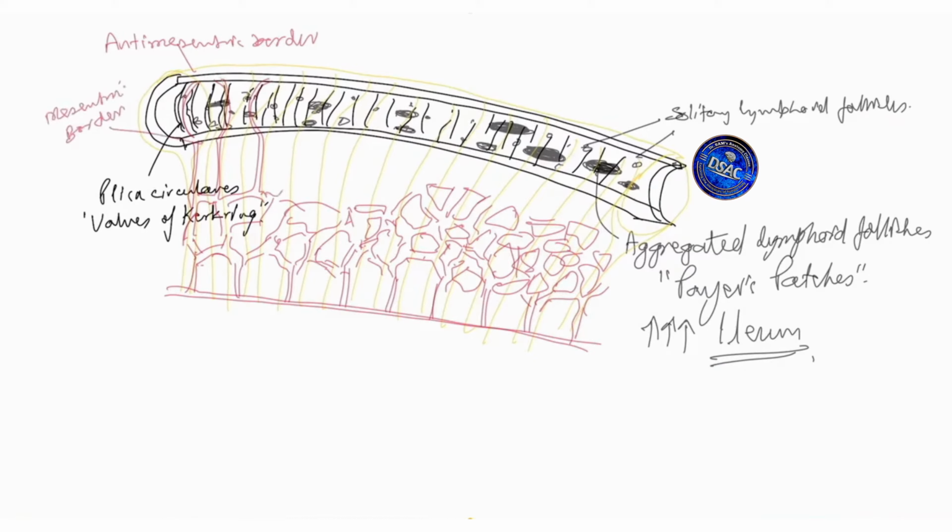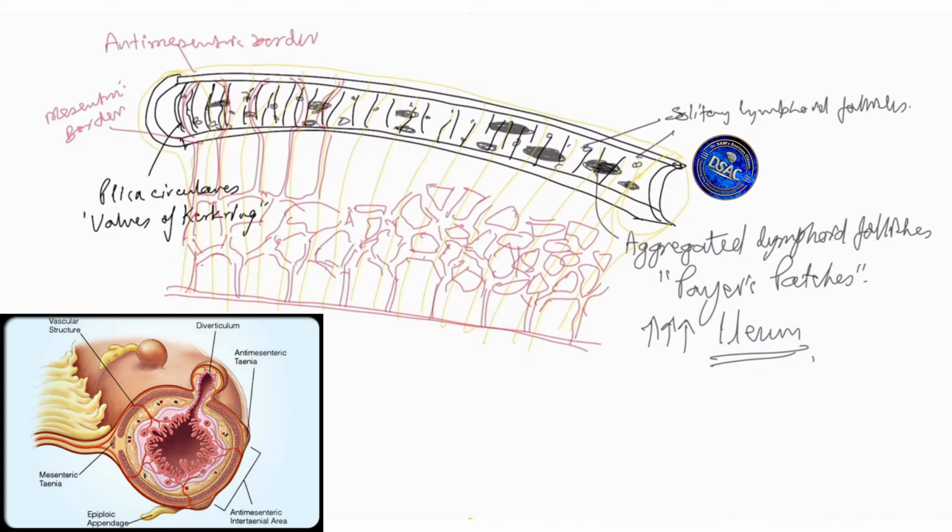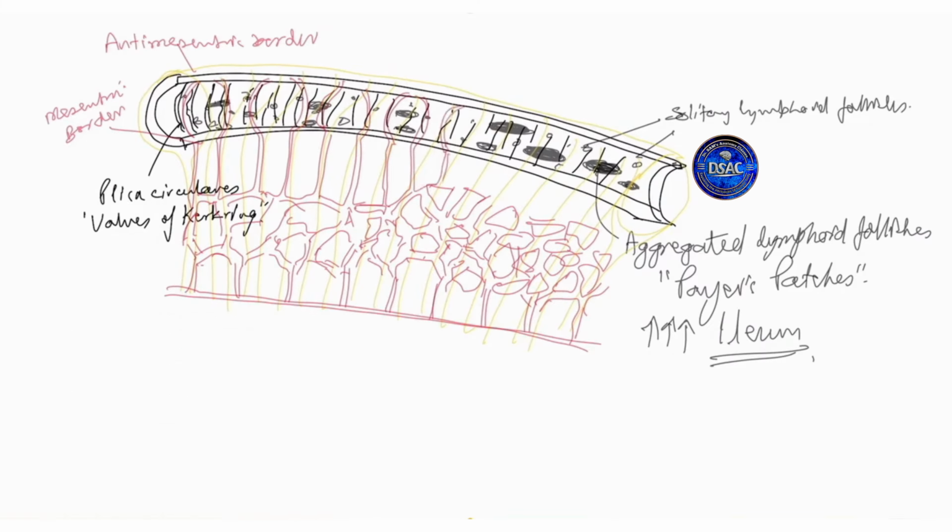From this mesenteric border, alternately, the straight vessels reach the submucosa. First they will perforate the outer muscular layer, and then reach into the submucosa. Within the submucosa, they will run transversely and reach towards the anti-mesenteric border. These straight running vessels are called vasa recta. These small vessels provide blood to this loop of intestine.